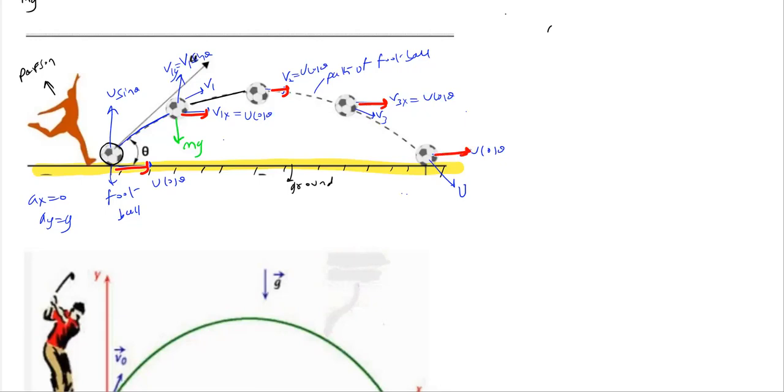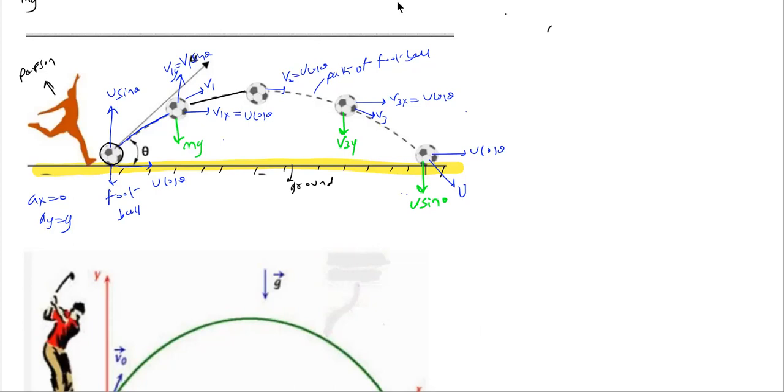Then the vertical component of velocity. Earlier it was u sin theta. Now it will become v1y or v1 sin theta. Now here it will become 0. Then here it will become v3y. And again this will be u sin theta.